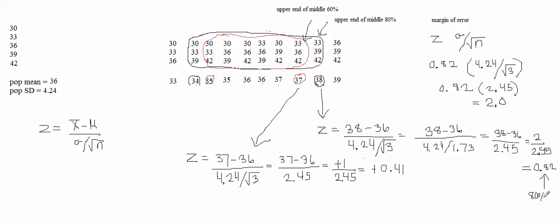I could label these as CC for confidence coefficient. So now we're going to be plugging this one, the 0.41, into z, and we'll get the 60% margin of error. So now it's 0.41. This is still the same.